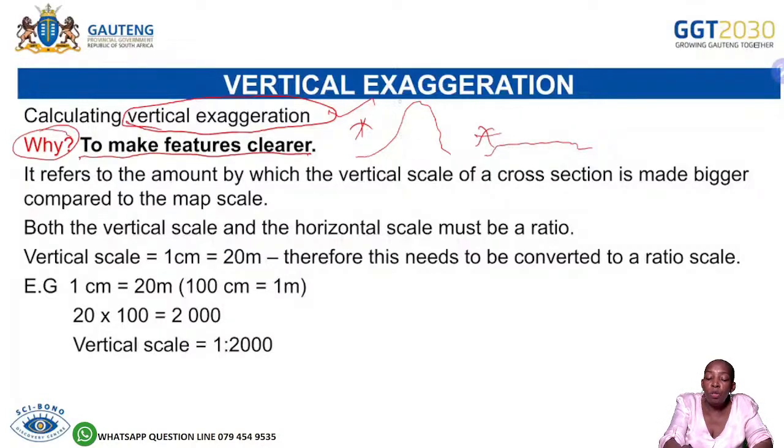However, when we look at the vertical scale that was used to draw the cross-section, that's where we can clearly identify the feature.